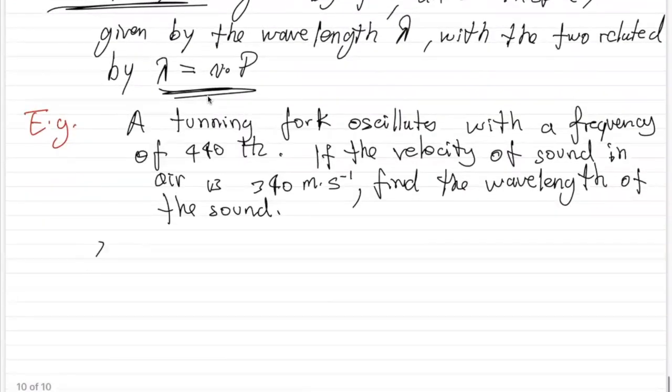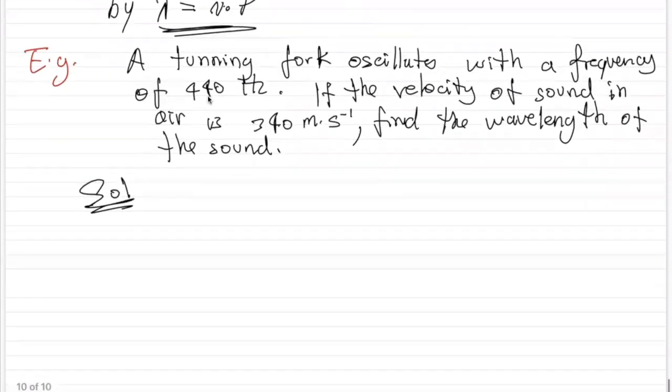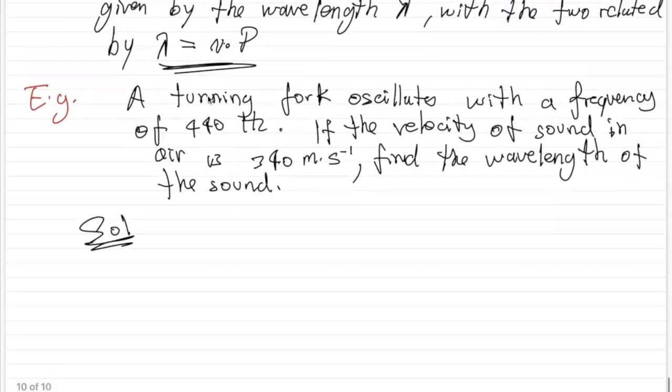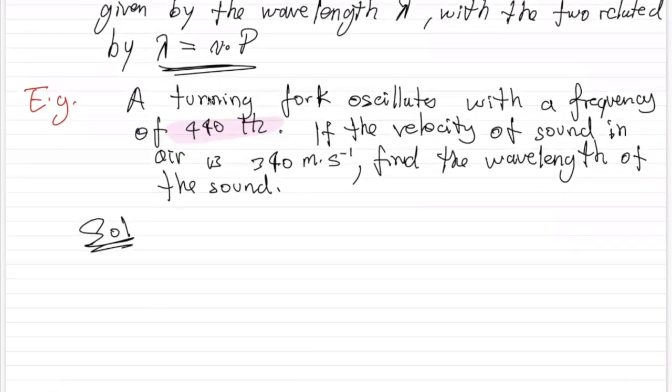So now the solution is so easy. In this example, we are given the frequency of the tuning fork and the velocity. By the equation, we are asked for the wavelength, so lambda is equal to the velocity over the frequency.